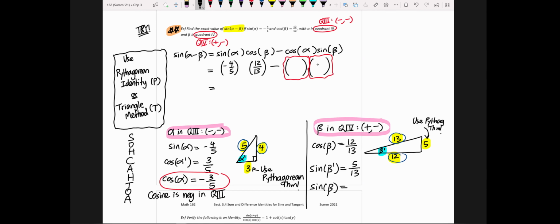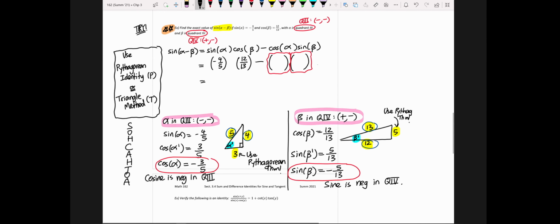Since we're in quadrant 4, cosine is positive, sine is negative. The y coordinate is negative in quadrant 4, which means your sine value is negative in quadrant 4. So you can see that the quadrants are going to determine whether the trig function is positive or negative.